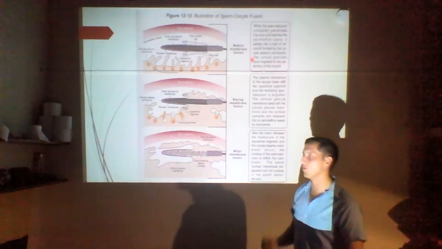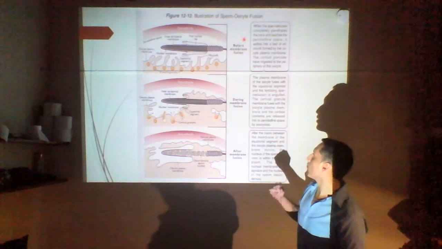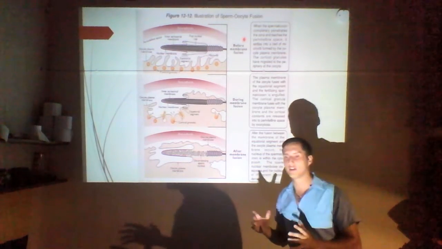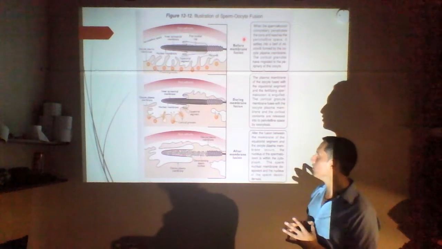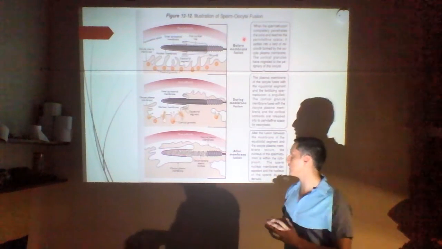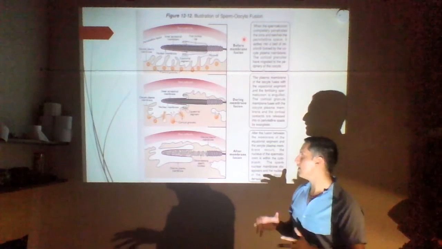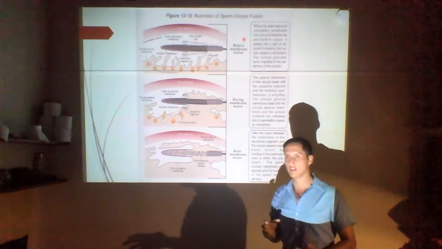So when it encounters the ovule, the spermatozoid is going to attach to the ovule, and they're going to fuse their membranes, because we have to take into account that the ovule and the spermatozoid are two haploid cells.